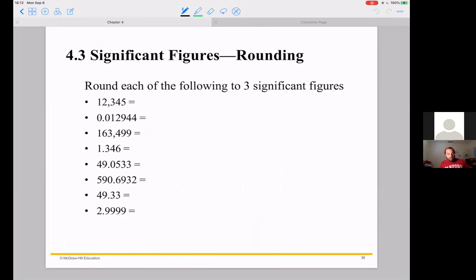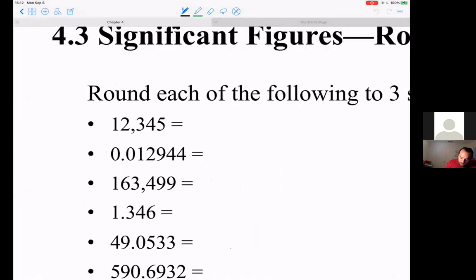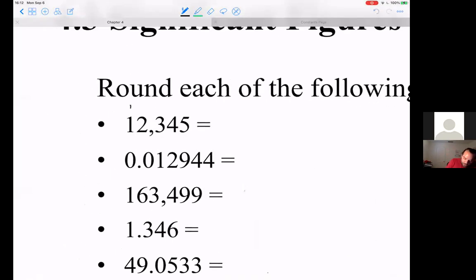Now here we're going to round each number to 3 significant figures. What does that mean? I'm going to start counting from the left of my number: here's 1, here's 2, here's 3. This is my last sig fig, so I'm going to round this number to that sig fig.